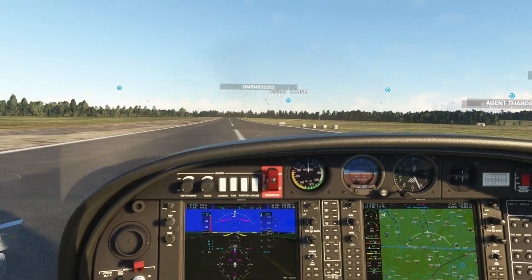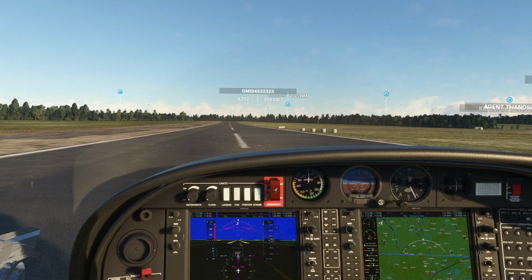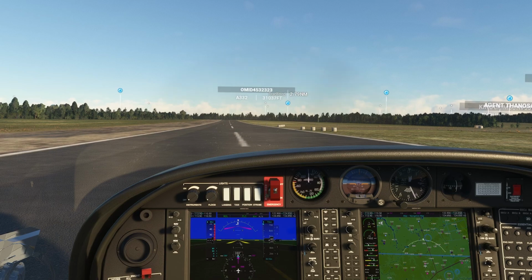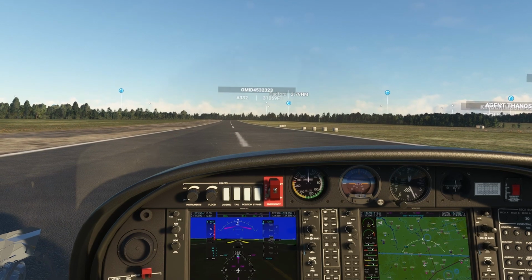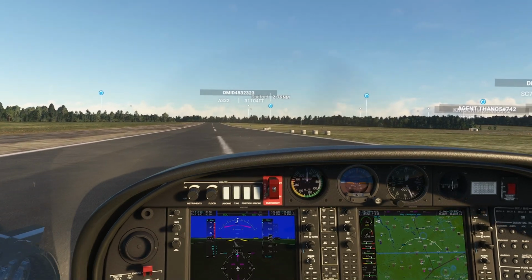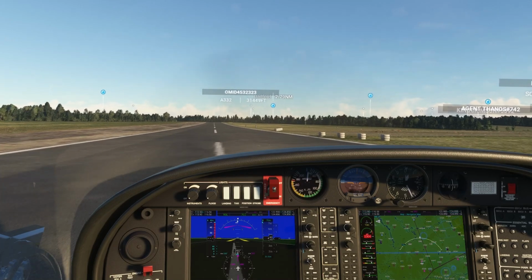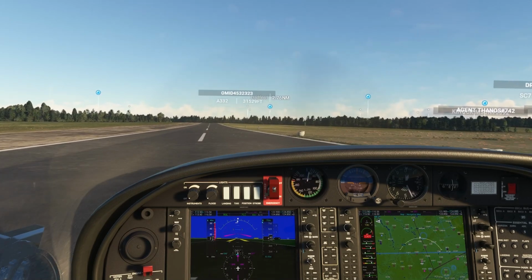So let's get a decent view of the runway then. Handbrake off, brakes on, take off power, and then we pull to the left, so a bit of right rudder. Bit too much.